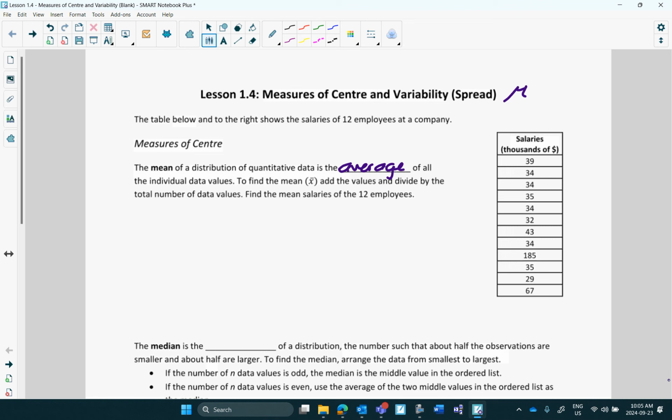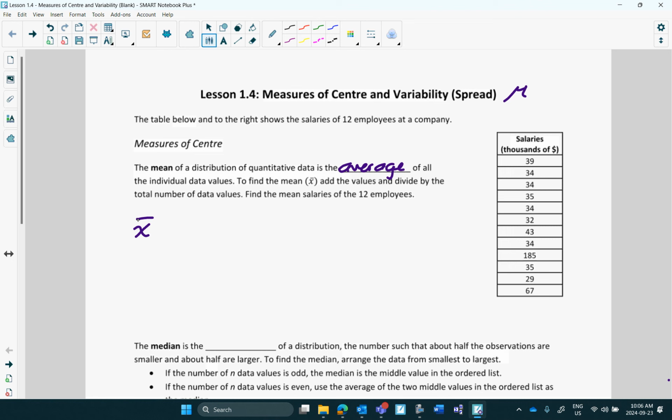We would assume here that these are not all the employees of the company, that there are more employees, so this is a sample. So I would use X bar. If this was the entire company, I would use mu. But again, we'll talk about that in more detail later.